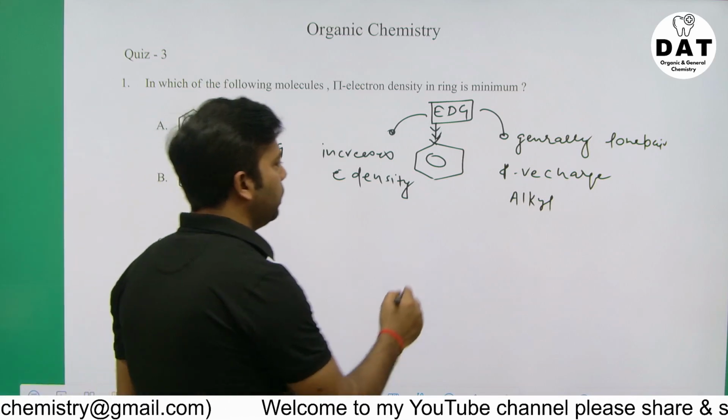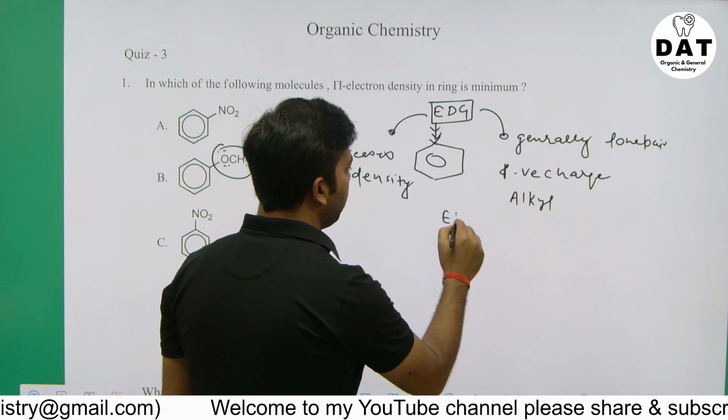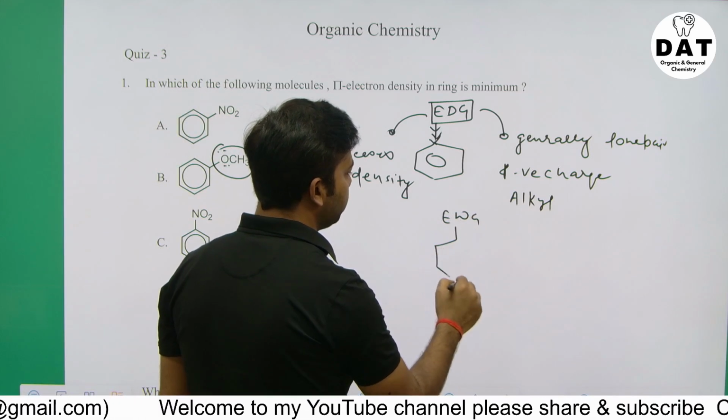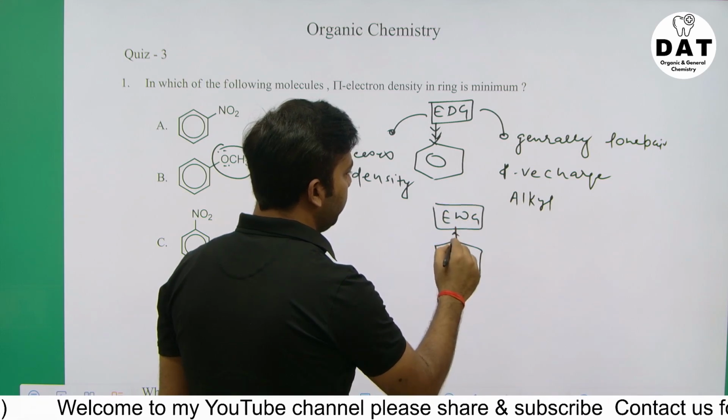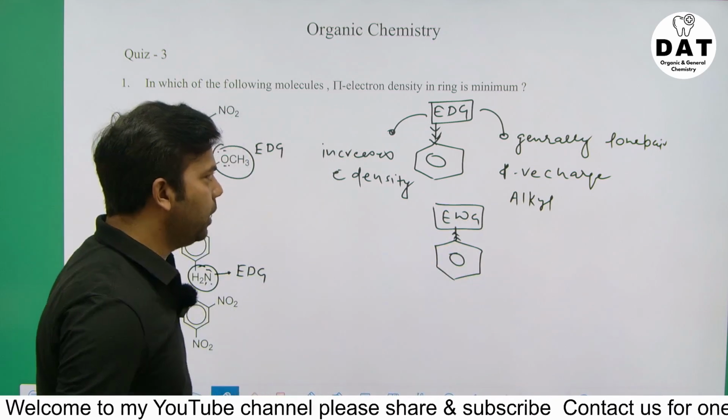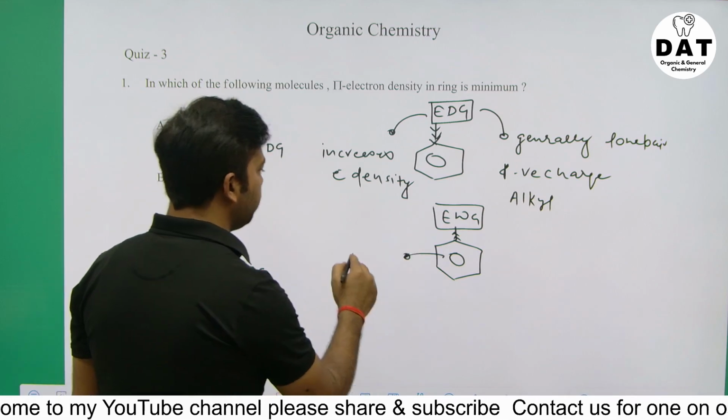What is electron withdrawing here? Suppose I attach a group like this. It will pull the electron from the ring and the ring becomes electron deficient.